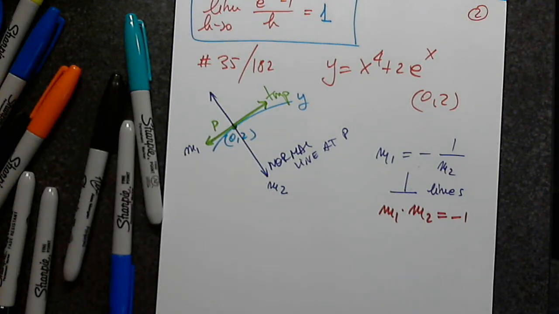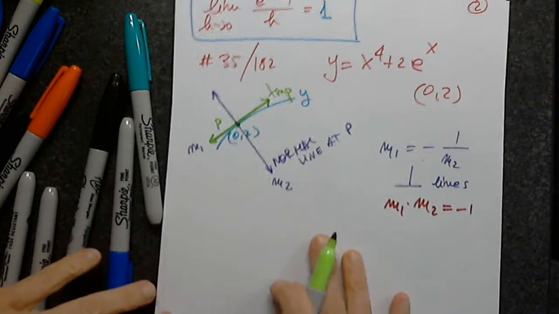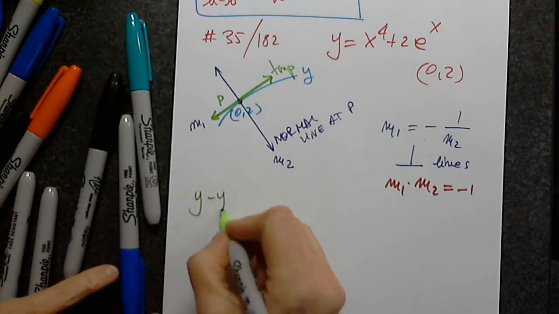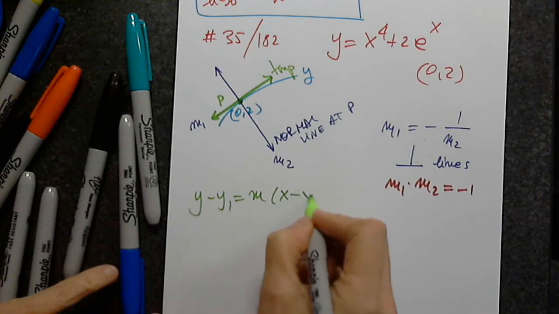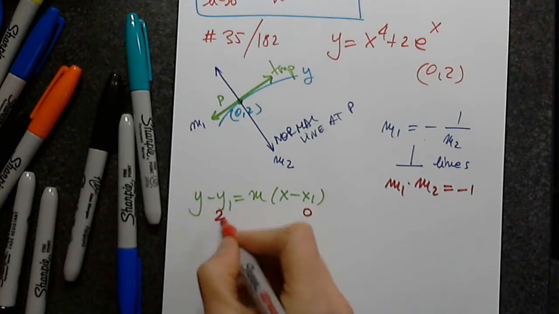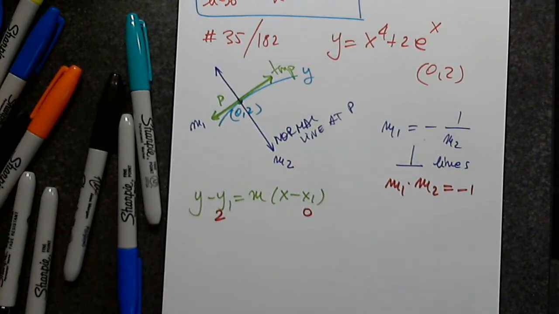Very good. So in order to determine the equation of this line, I have a point. I'm starting with the tangent. So I have y minus y1 equals the slope times x minus x1, in which I have the point 0, 2, 0 for x1 and 2 for y1, but I do not have the slope at 0.